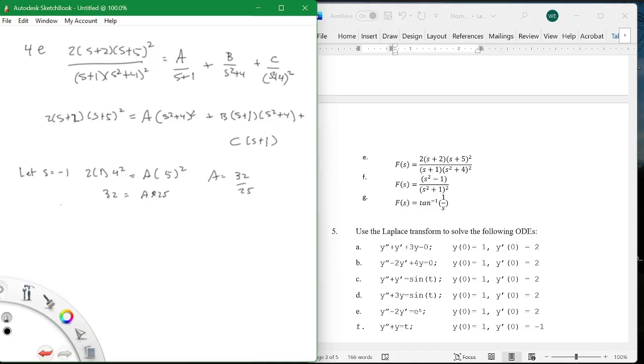What's b? We don't know. What's c? Let s equal what? 2j, right?